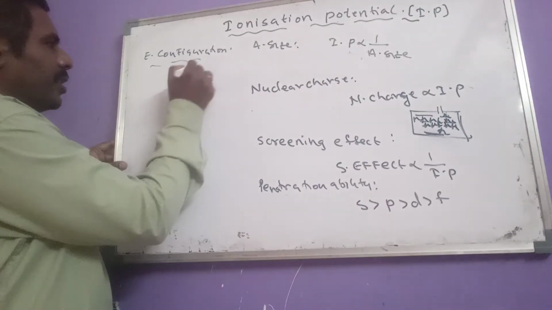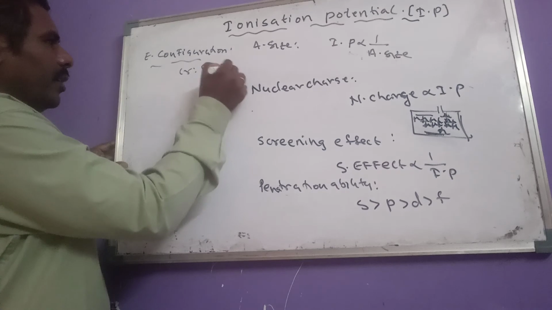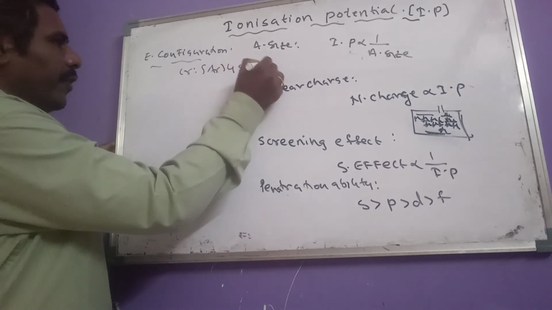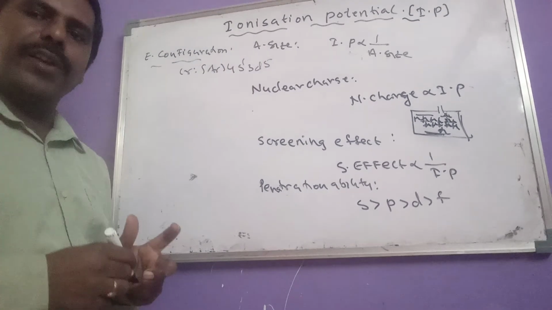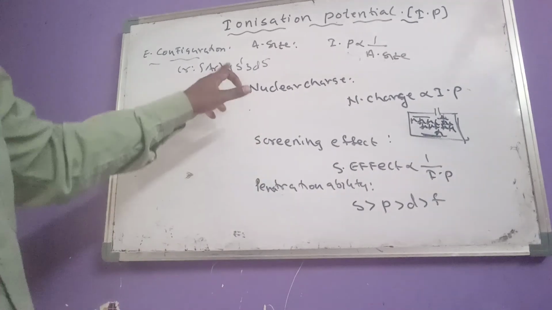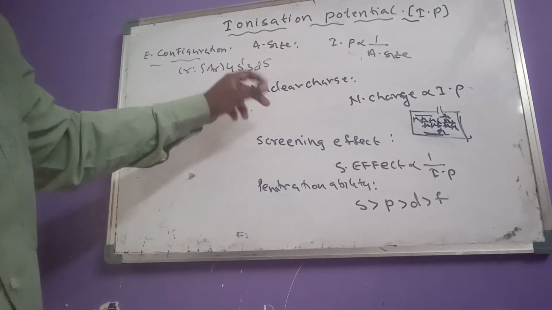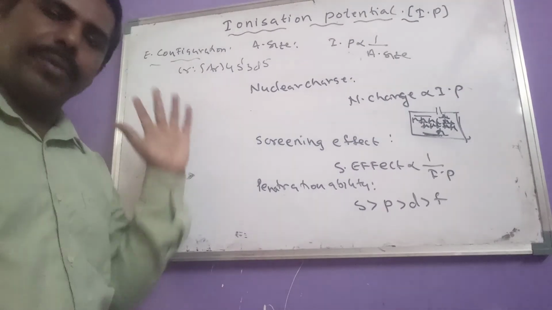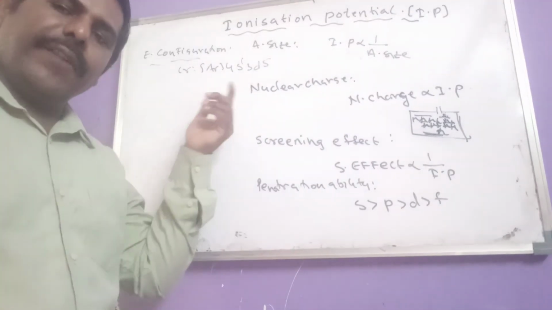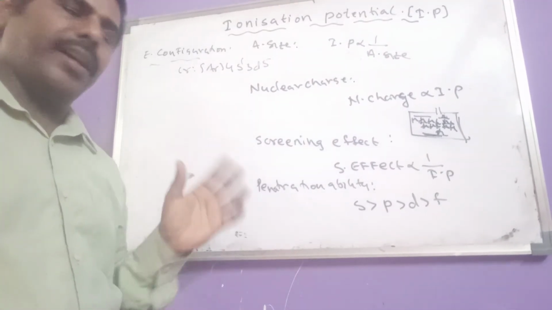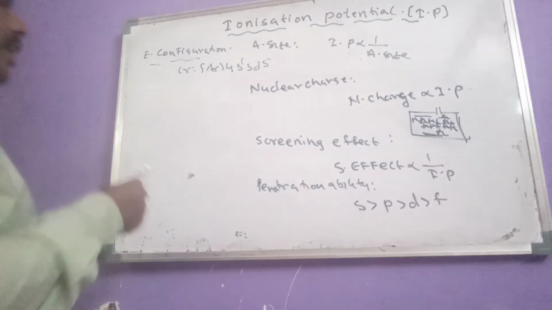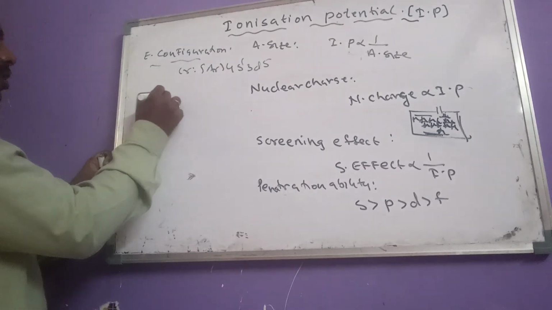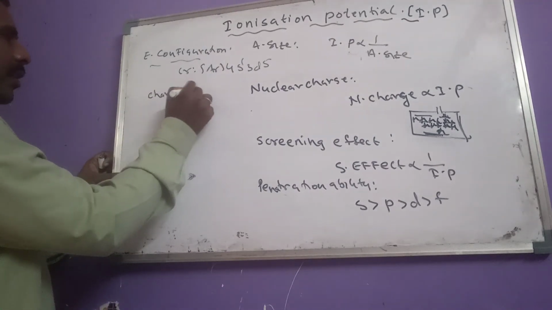Chromium configuration is argon 4s1 3d5. So due to the half filled configuration, we have to give some extra heat energy to remove the electron from chromium. So this is the effect of electronic configuration. And another factor also there, charge present on ion.